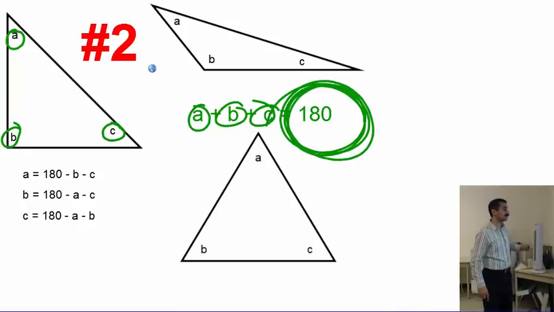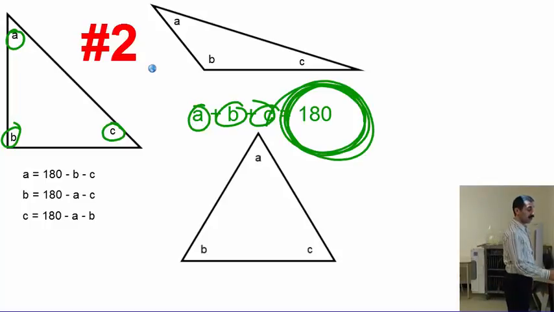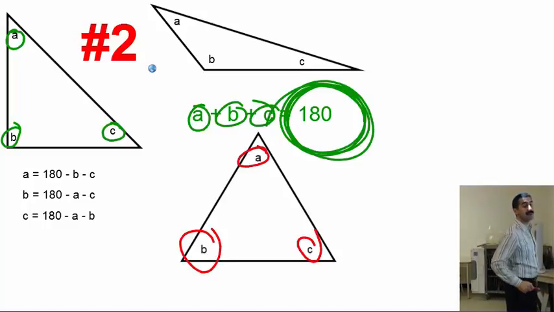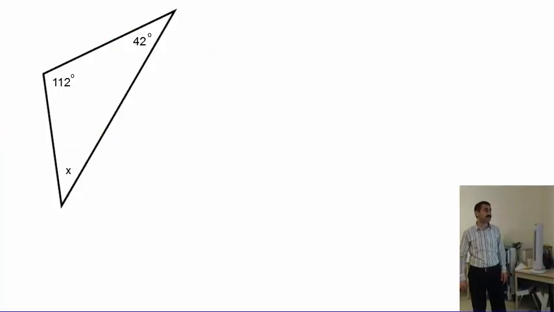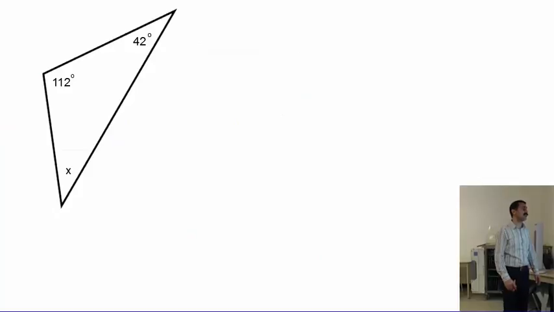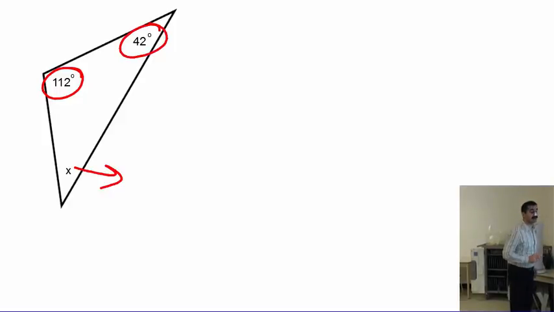Rule number two means in a triangle, any type of triangle, all three angles will add up to 180 degree. So what type of questions you will get from this rule? Simple. You will get two angles. Either it will be given to you or you will figure out whatever, two angles, and you will be asked about the third one.